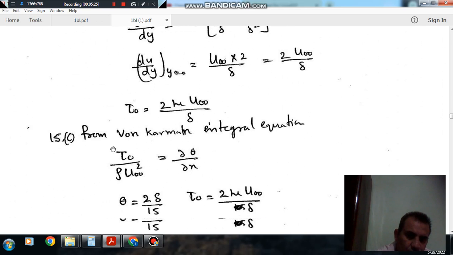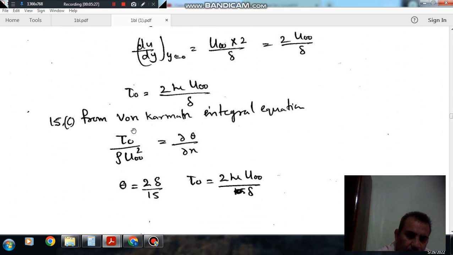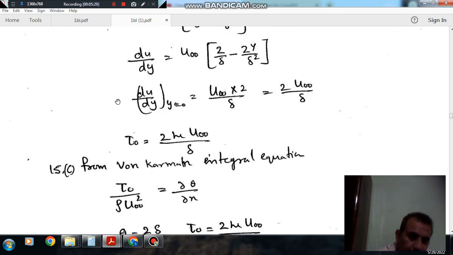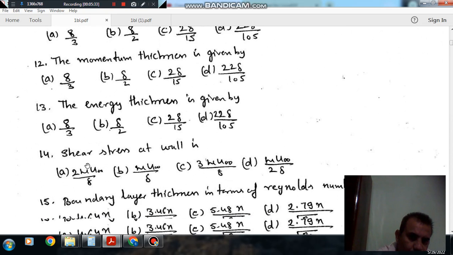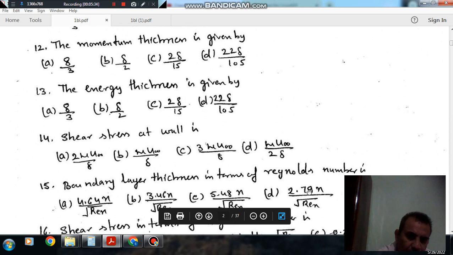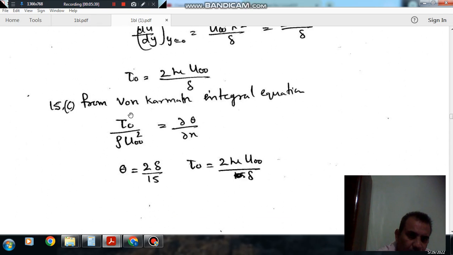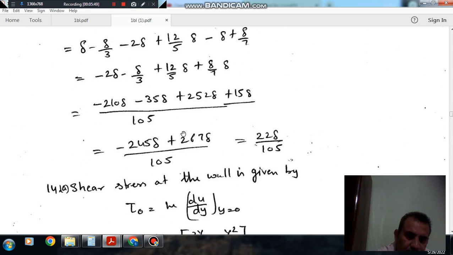Okay, so von Karman. Now next is your question number 15, boundary layer thickness in terms of Reynolds number. Boundary layer thickness in terms of Reynolds number can be found out by using the von Karman relation, that is tau naught by rho u infinity square is equal to d theta by dx.